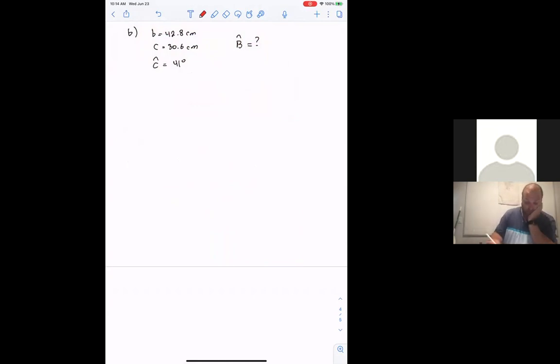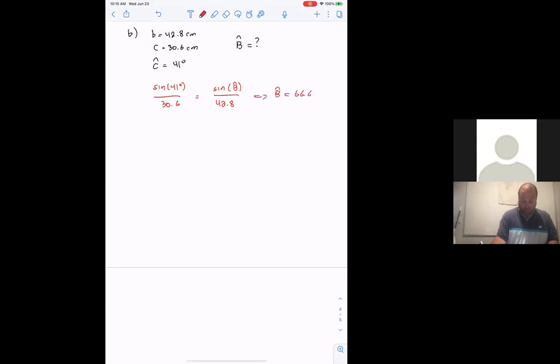Law of sines. So angles on top, because I'm looking for an angle. So sine of 41 degrees over 30.6, units suppressed, equals sine of currently unknown B hat over 42.8, again, units suppressed. Sine of 41 degrees divided by 30.6, multiply that by 42.8, take the inverse sine, and we get, therefore, that B hat is approximately 66.6 degrees.